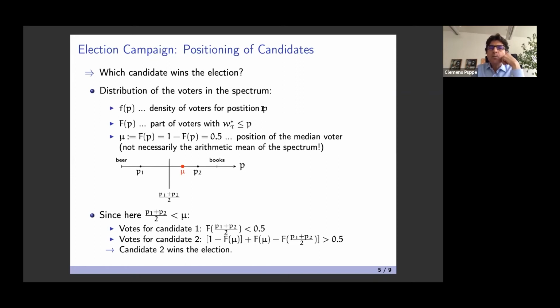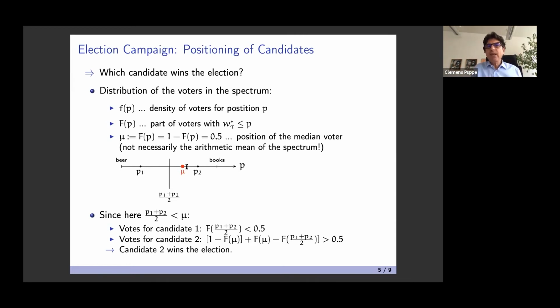Now, assume that we know the distribution of voters, and suppose mu is the median voter. Notice mu, this red dot here, is not the arithmetic mean of the spectrum, right? Because the distribution of voters could be skewed to one side. So it's not necessarily in the midpoint here.